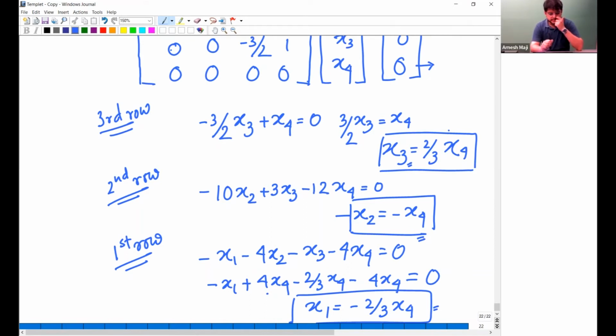What that means is that if we give a random value of x4, we will get a vector. So the eigenvector for this matrix corresponding to the eigenvalue lambda equal to 2 will not be a unique vector. There can be infinitely many vectors like this, depending upon the value of x4. But all of these vectors will be parallel.